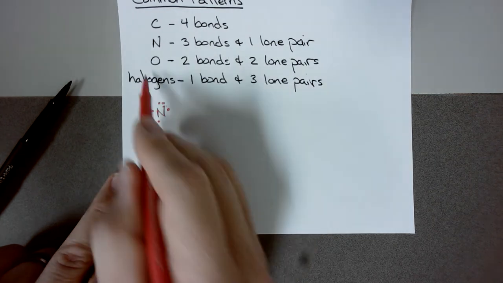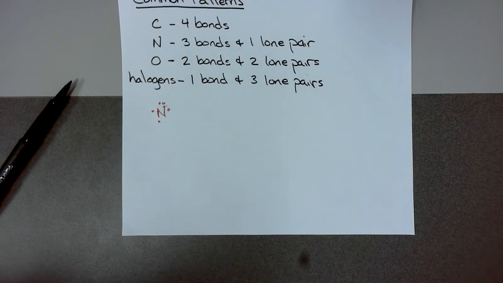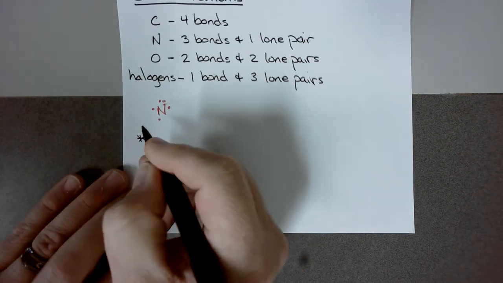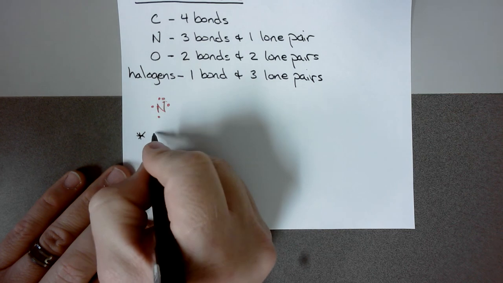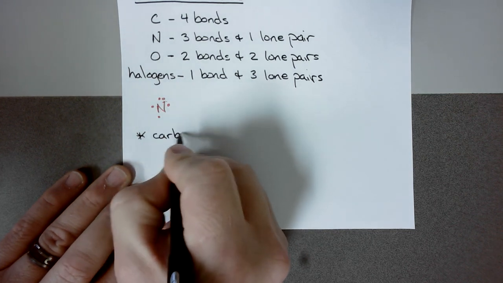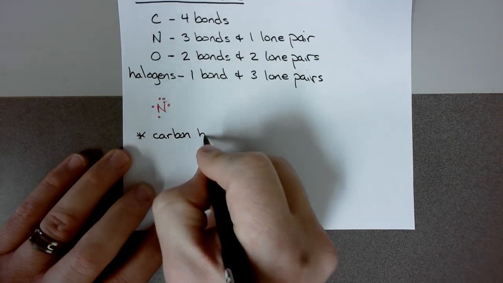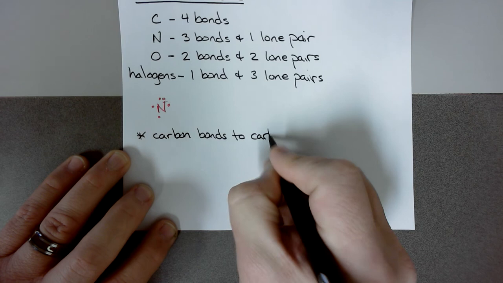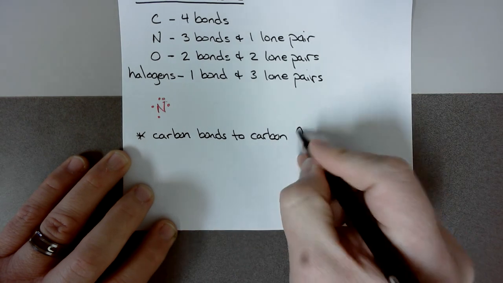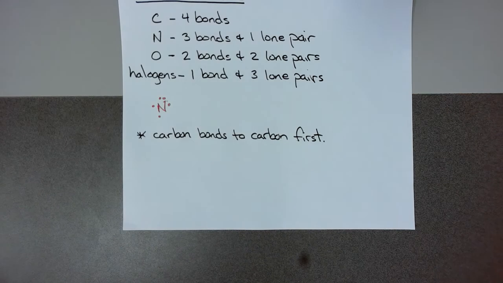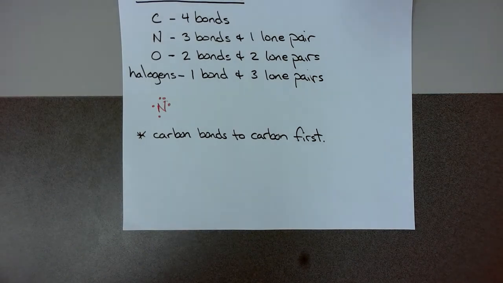And so that's where this pattern comes from. The other thing is carbon bonds to carbon first. So if you have more than 1 carbon, you bond the carbons first together. Then other elements will go around. So there's some patterns.